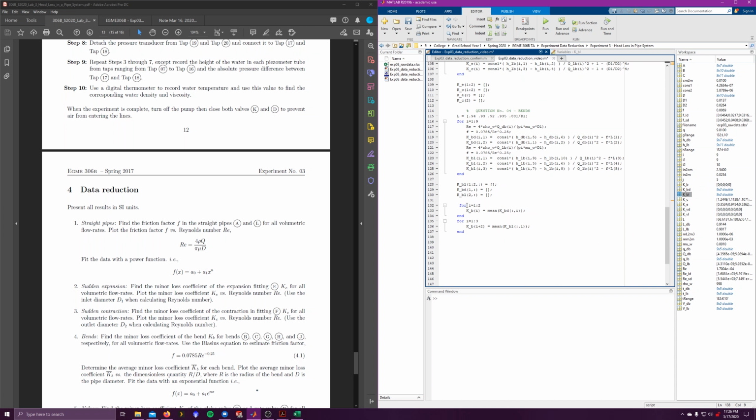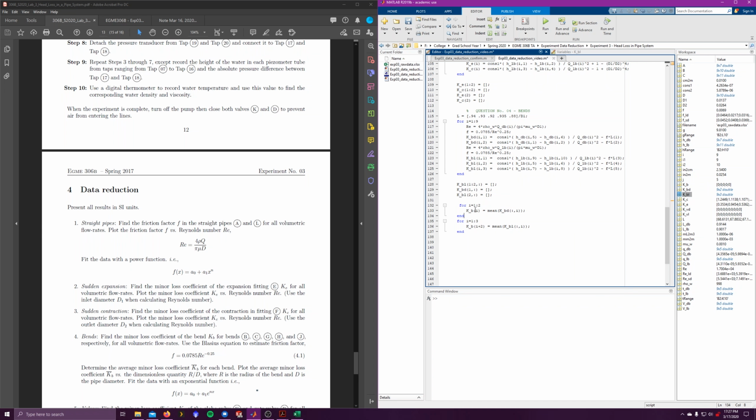Now we need the mean minor loss coefficient for these bends. I need two values for the dark blue and three values for the light blue.